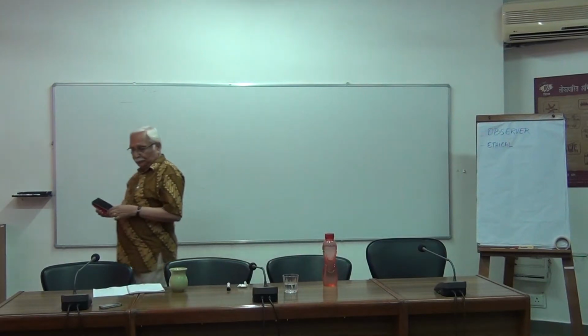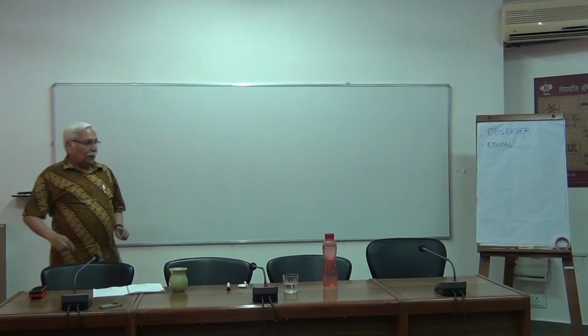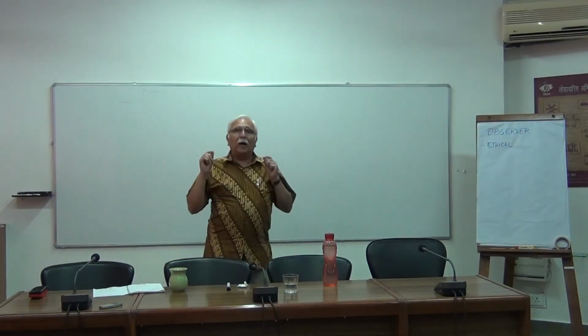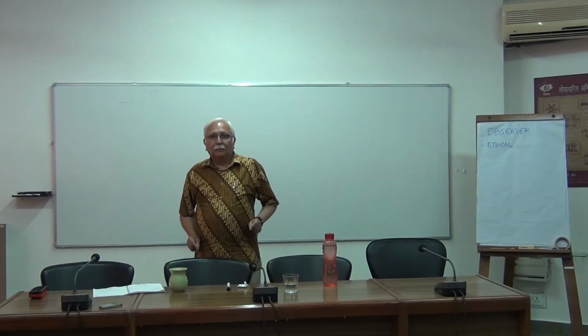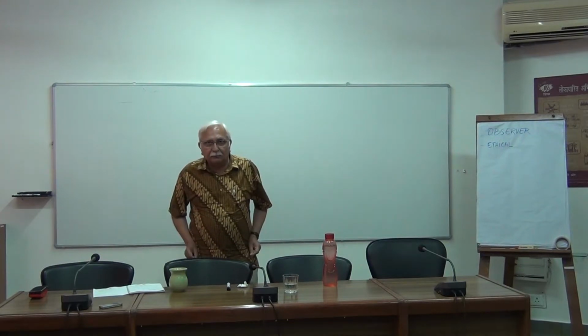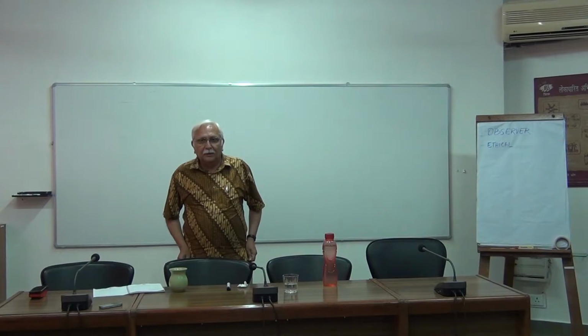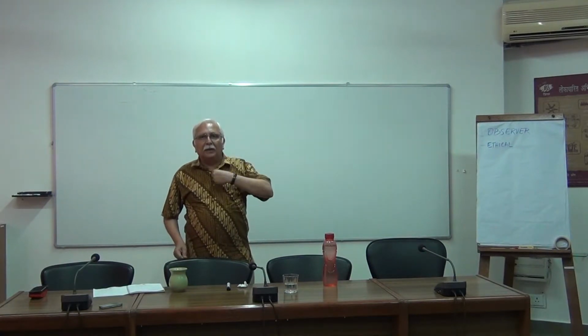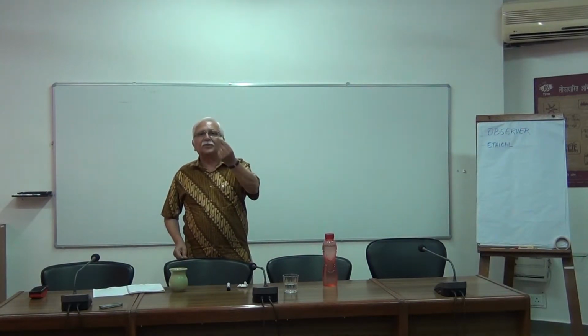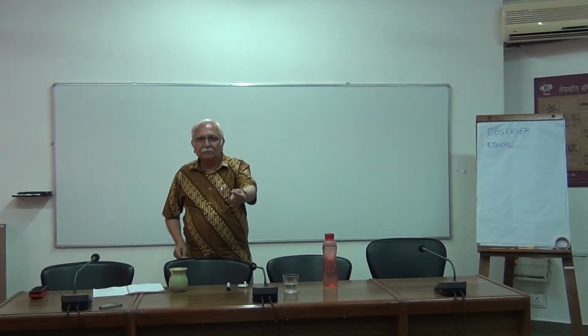Objectivity is a facade. The best way to deal with objectivity is to say who you are, why you are doing this research, how you will benefit from this research, and what will happen to me who is giving you answers to the questions.